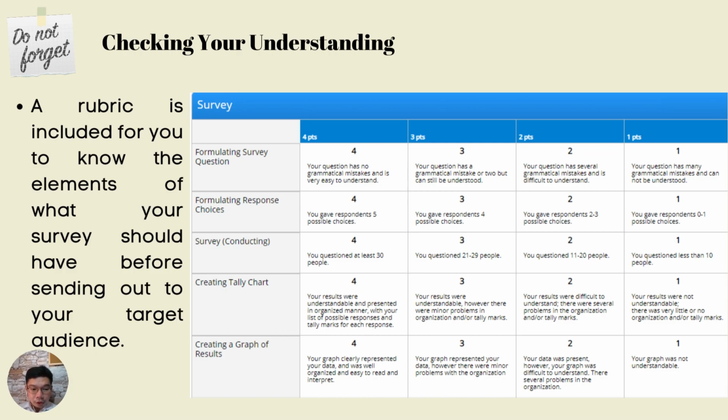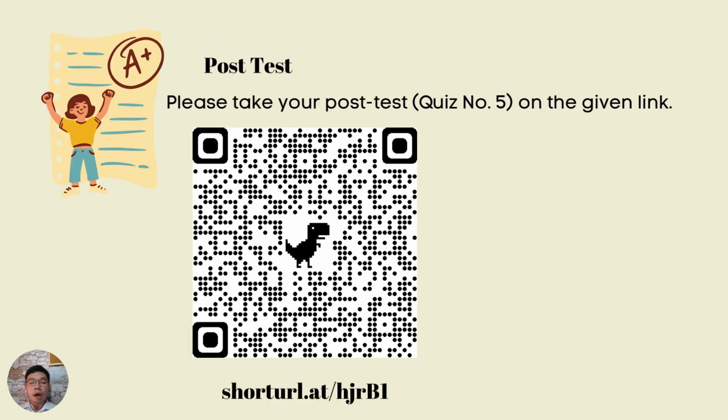And last criteria is creating a graph of result. So, i-rate lang kayo, 4 being the highest and 1 being the lowest. So, 4, 3, 2, and 1. Please screenshot this one for your future reference. And that ends our module 5.